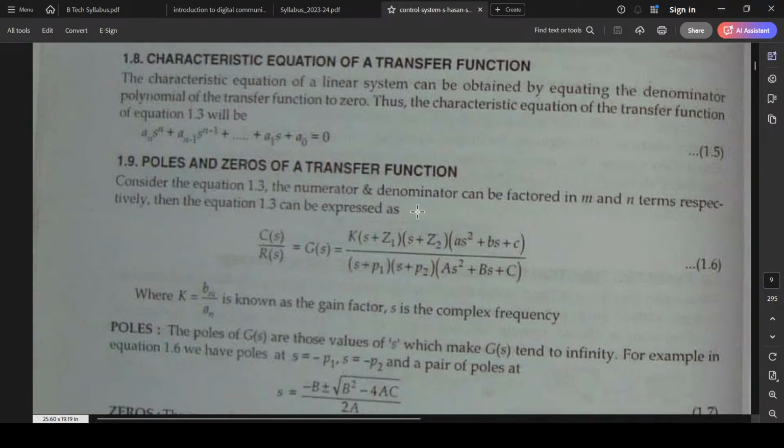So we can say, for example, there is a polynomial.